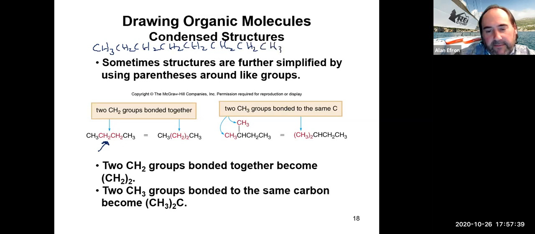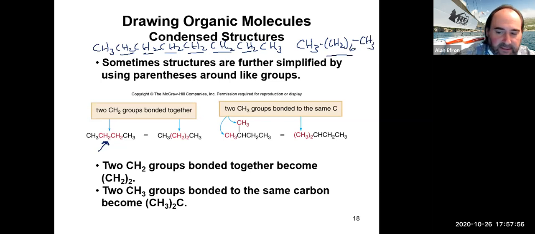And so sometimes people will shorten this up and go, okay, there's 1, 2, 3, 4, 5, 6 CH2 units in a row. So we could do a shorthand here where we just write CH2 and a little 6 on the bottom to indicate that there is basically a run of 6 of those units all in a row. So it's a shorthand way that we could write some of those things.